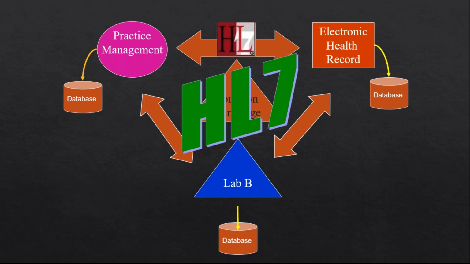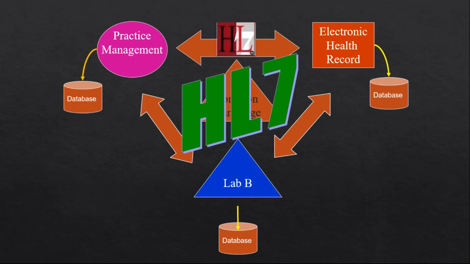Then, how this communication happens is the question. Basically, we build bridges between PM and EHR. These bridges help us send the data from PM to EHR, or EHR to lab, or lab to any other billing system or the PM system again. This whole ecosystem is formed by interconnecting these applications by creating a bridge.